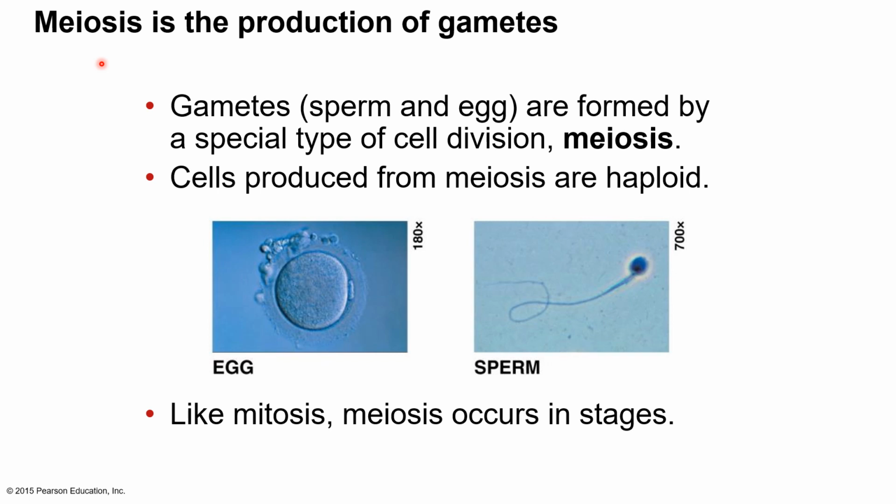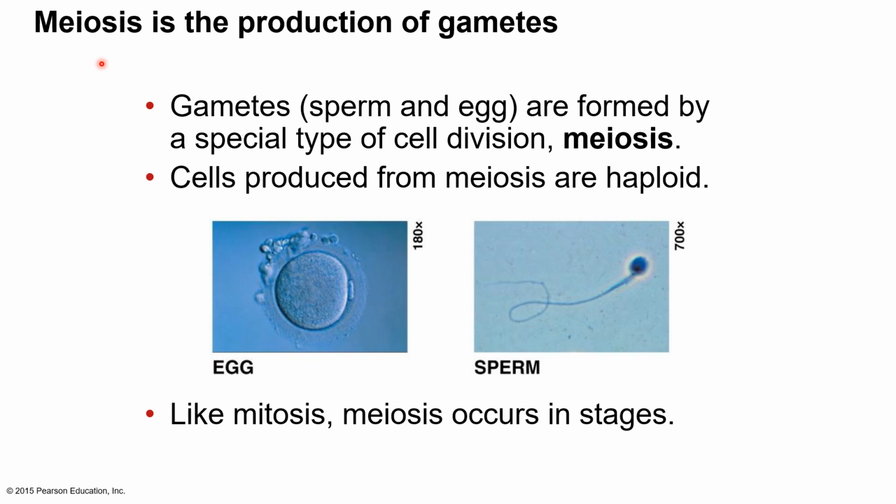Those 4 eggs are not going to be identical to each other, and they're definitely not going to be identical to the parent cell within the female's body that started off the whole meiosis process. Same thing with males, the 4 sperm that they're going to be producing, they're not going to be identical to each other, and we are going to take a look at what makes them so different and how come they're not identical to each other.